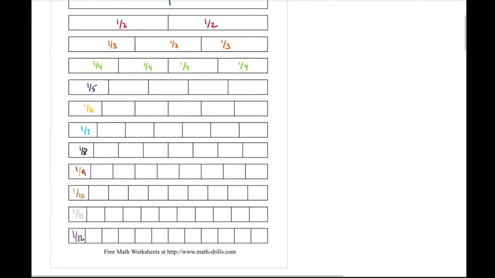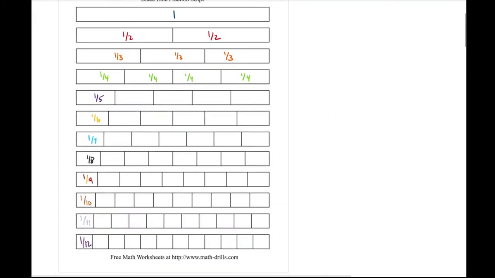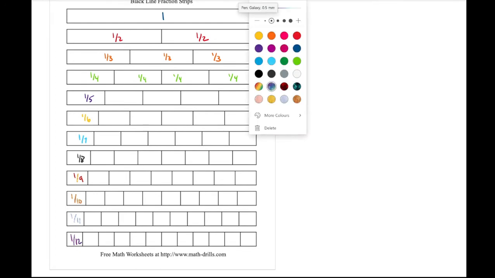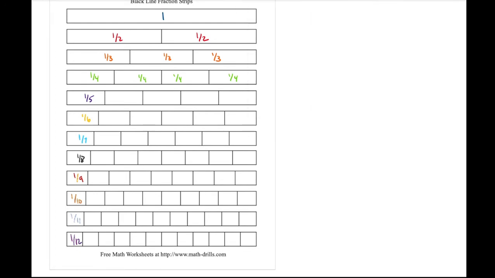So again, that's just looking at basically recognizing the different fractions going from a whole. And the reason that we're doing that is because we are going to look at kind of how these unit fractions compare.